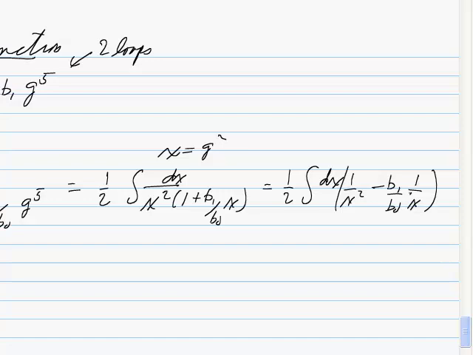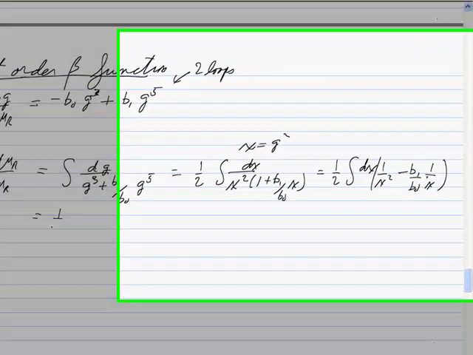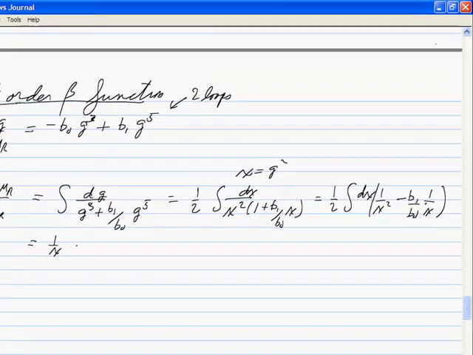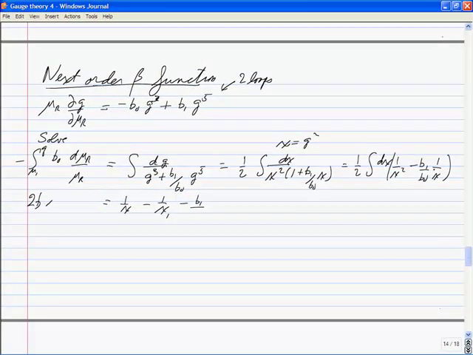This turns into then 1 over x minus 1 over x1 minus b1 over, so it's over here is 2b0 log q over mu r.